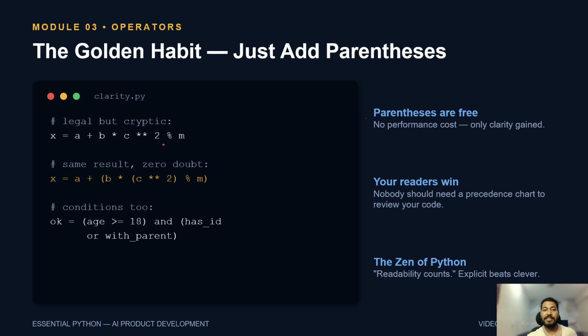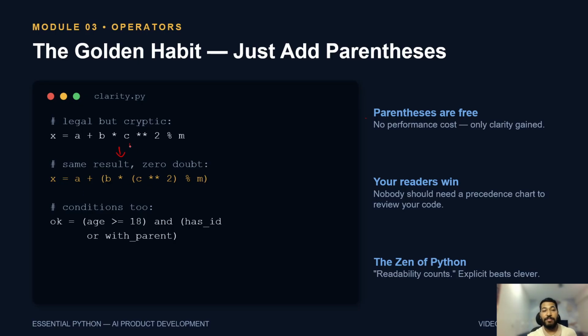So rather than this expression, better you can just translate this thing into this thing. The result will be the same, because underneath your Python interpreter is going to apply those things, and then it will compute the result. But at the user end, it will be very ambiguous, right? Very confusing. So for that, use the brackets. So like that, right?